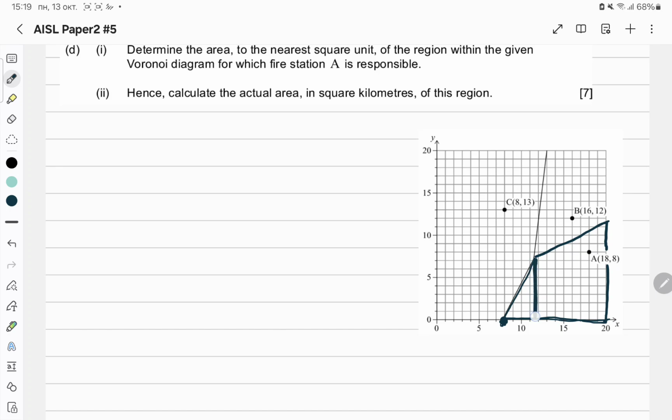There are different ways actually how to find the area. One of the ways is to consider the corresponding triangles. We can name it, for example, A, B, C, D, E, and consider separately. So we can consider the area of the small triangle.